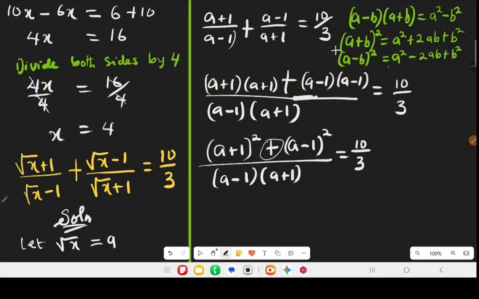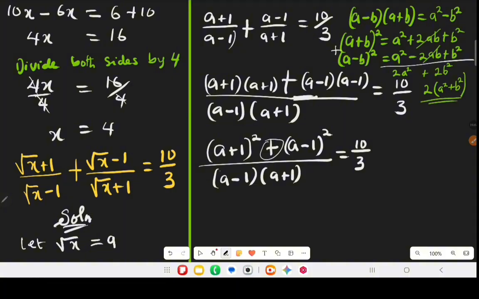If we do that, here we are having a squared plus a squared will give us 2a squared, 2ab plus minus 2ab, 2 of them will cancel out, plus b squared, we have 2b squared. And if we factorize this, we are having finally 2 into a squared plus b squared. So this will represent our numerator.